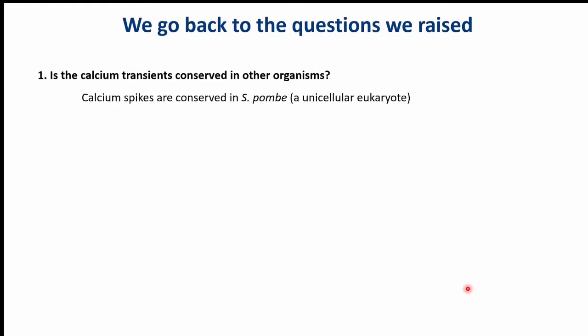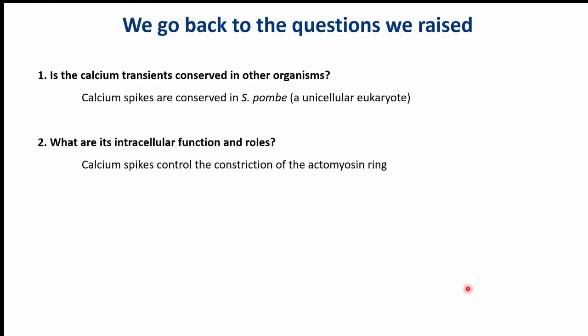So we go back to the question we raised earlier. Is calcium transient conserved in other organisms? Yes, calcium spikes are conserved in Schizosaccharomyces pombe fission yeast, which is a unicellular eukaryote. What are its intracellular functions and roles? At least till now we found two roles.